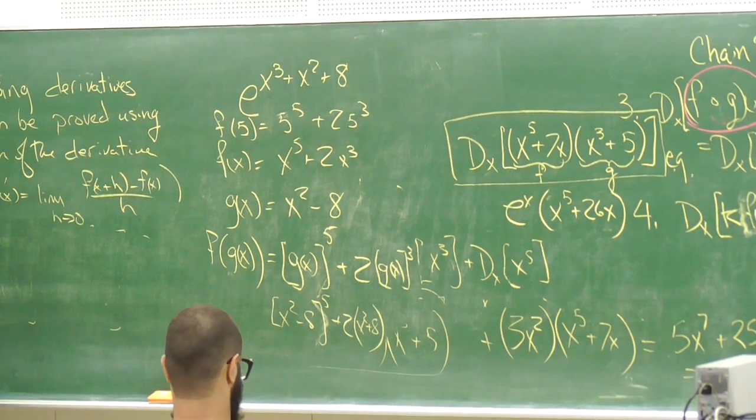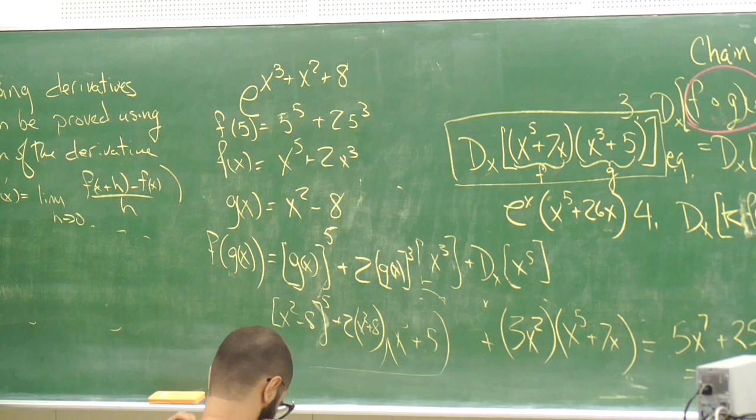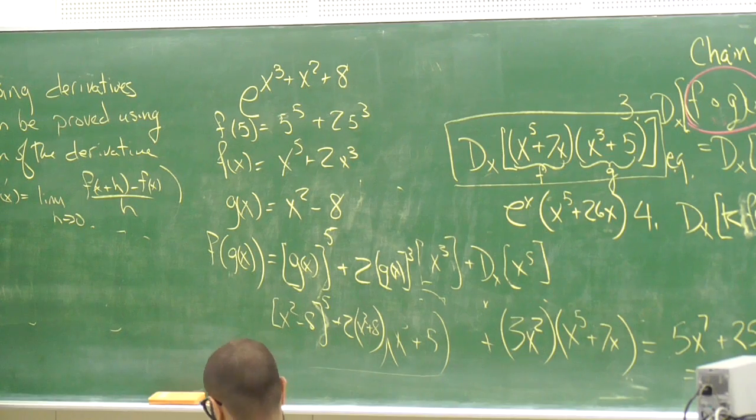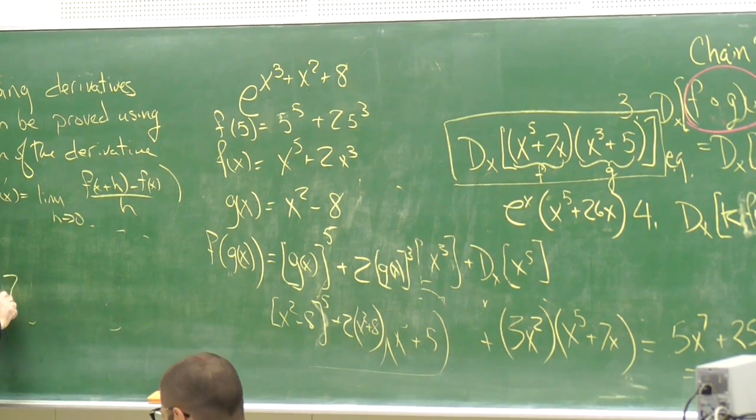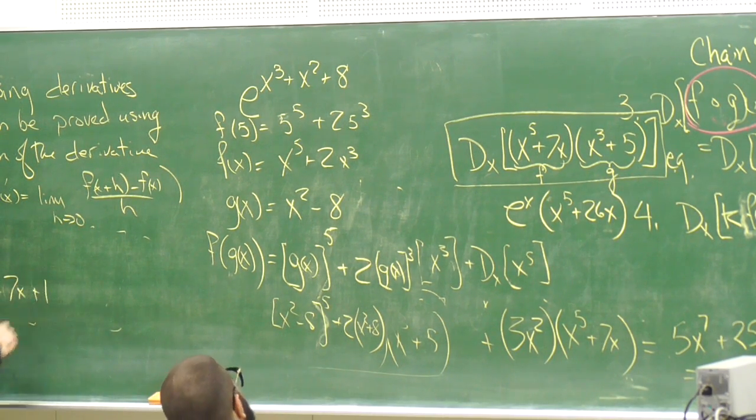Let's suppose we had f of x is equal to e to the x, and g of x is equal to x cubed plus 7x plus 1.